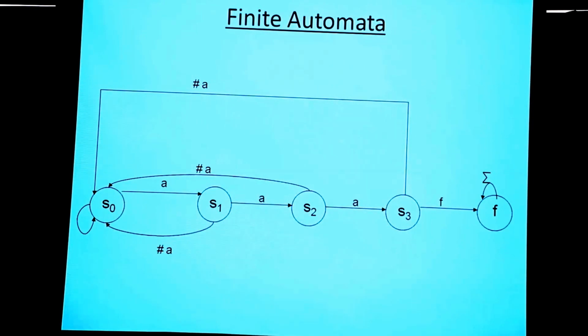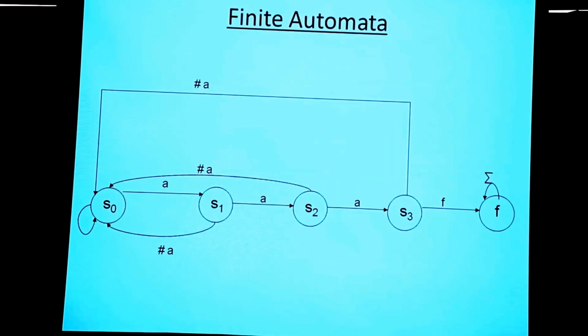So, we can do it without a loop. Why? Because we are only looking for failure. As soon as we get a failure, we are going to slide our pattern on the text and start all over again. Slide it by one character.